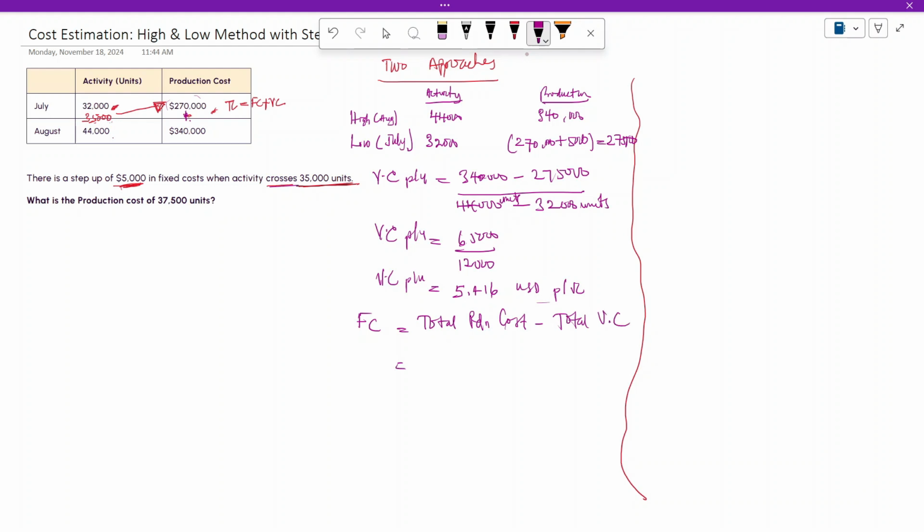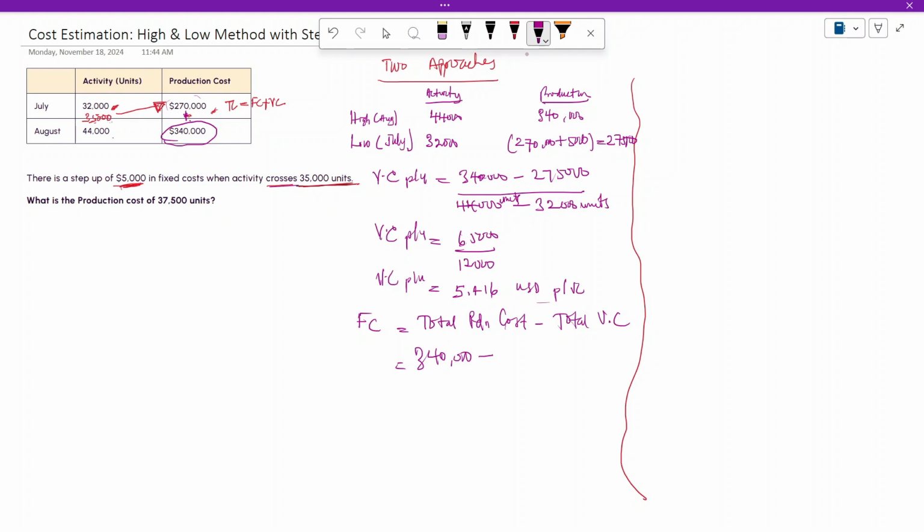Your total production cost at the highest level is 340,000, minus the total variable cost.